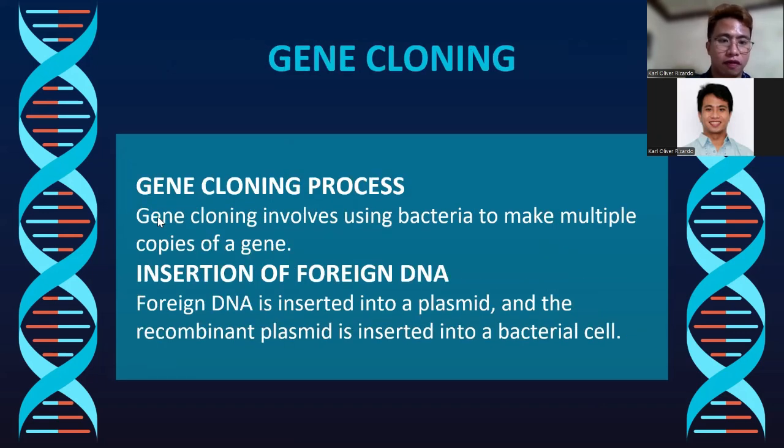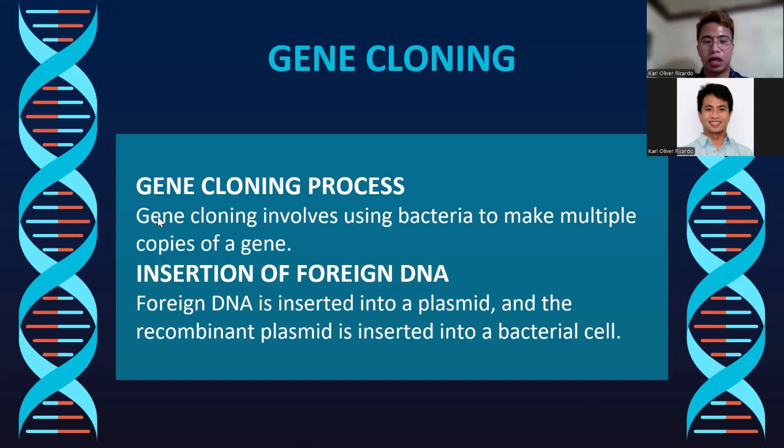And then we also have here the process when it comes to gene cloning. So the gene cloning process, again, involves the use of bacteria to make multiple copies of a gene. And then you also have here the insertion of foreign DNA. So foreign DNA is inserted into a plasmid, and the recombinant plasmid is inserted into a bacteria.